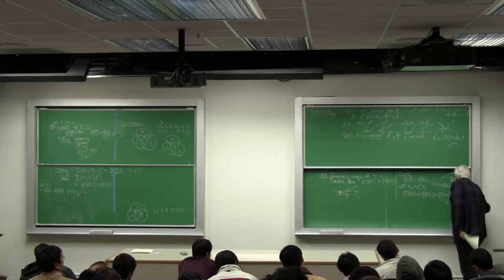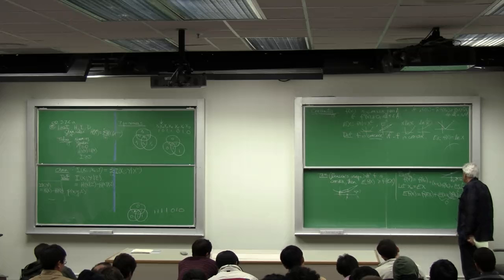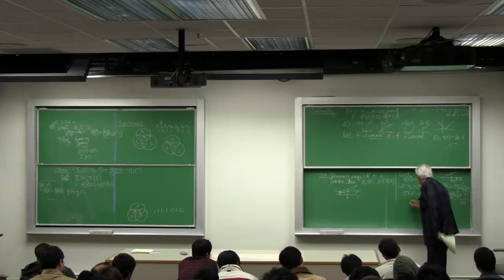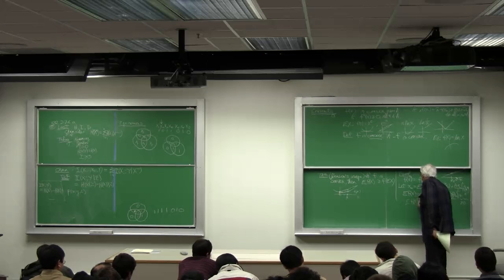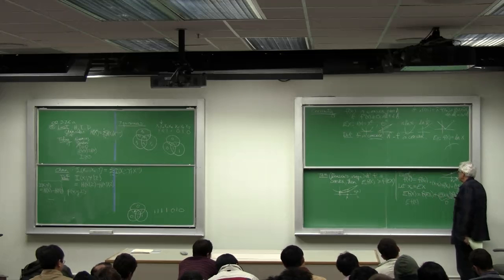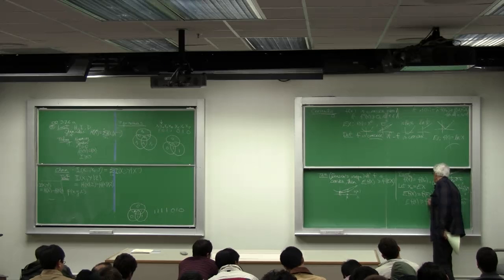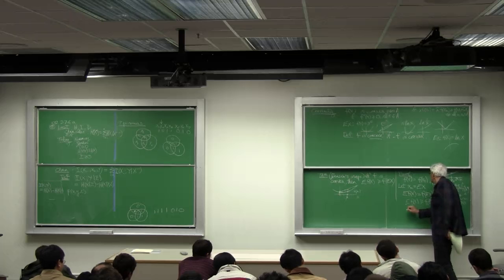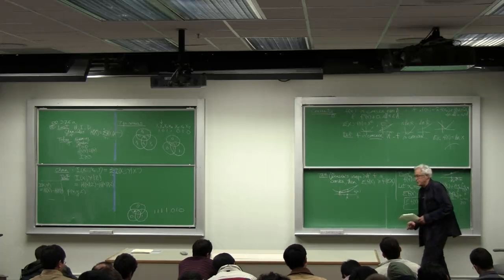So this is greater than or equal to 0. And this gives you the desired result. Expected value of f of x is this plus something non-negative, so it's greater than this. And that's Jensen's inequality.